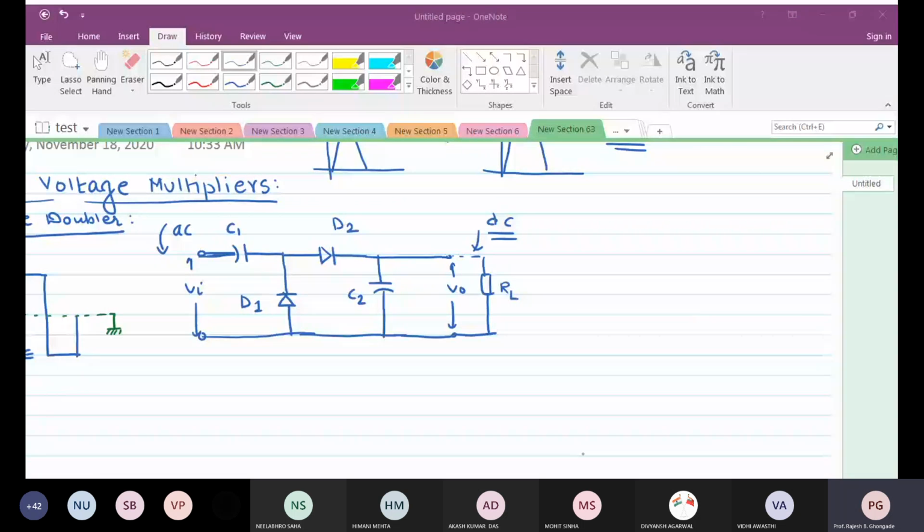And if you look at the output, interestingly, the output is something of this sort.